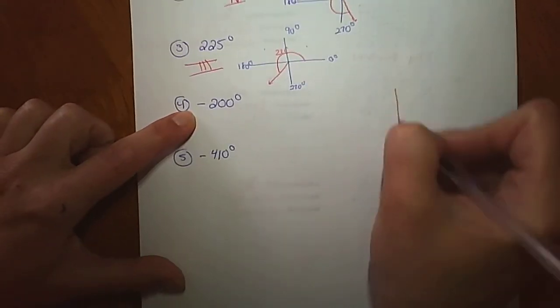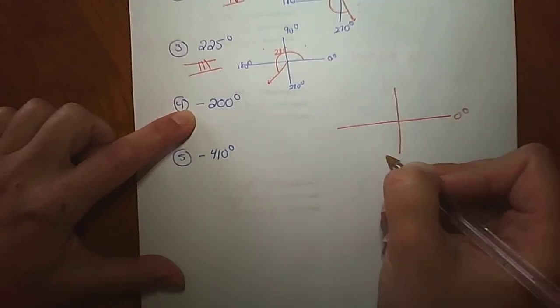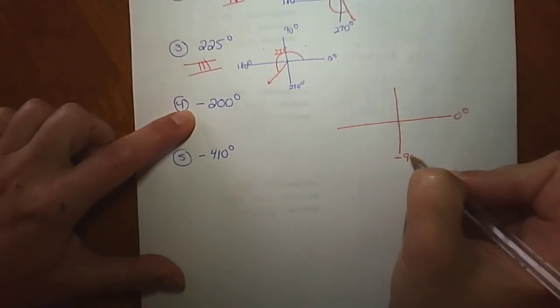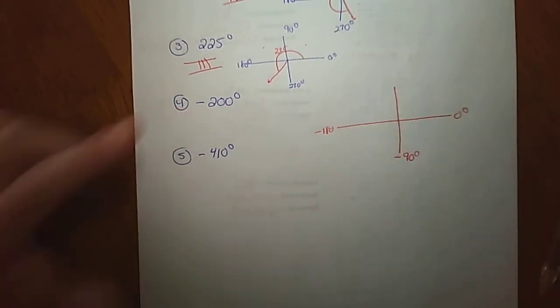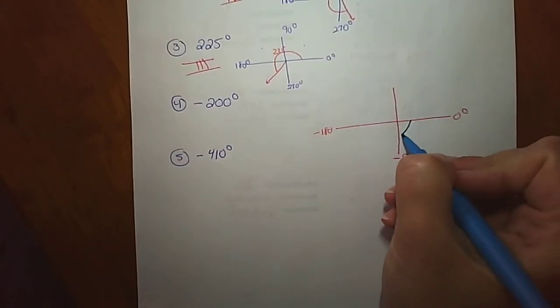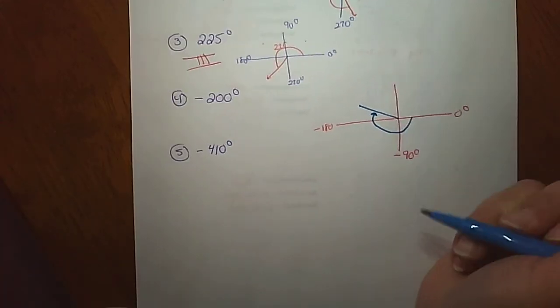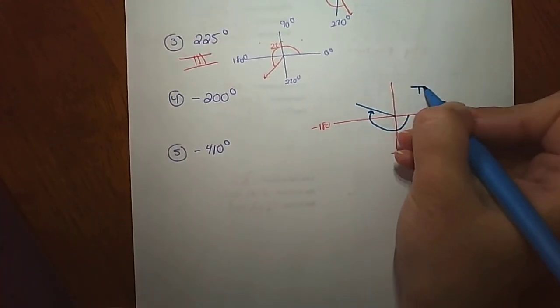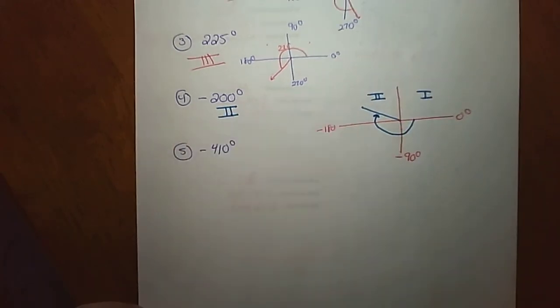So I'm going to put it over here. So this is 0. Negative means we're going down. So this would be negative 90, negative 180. Okay, that's negative 180. So that means we're going to go a little bit past there. What quadrant number is that? Well, if this is 1, then this is, so that's quadrant number 2.